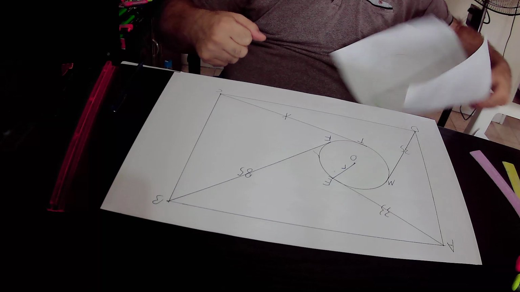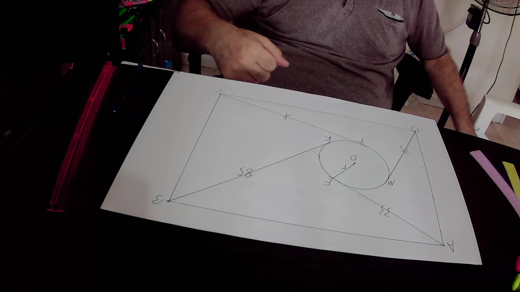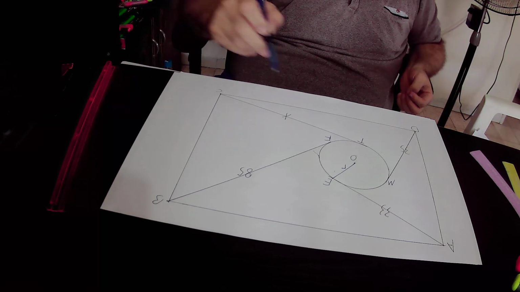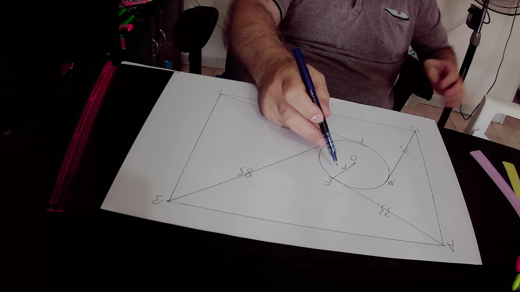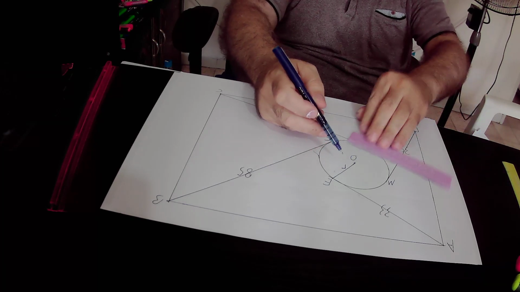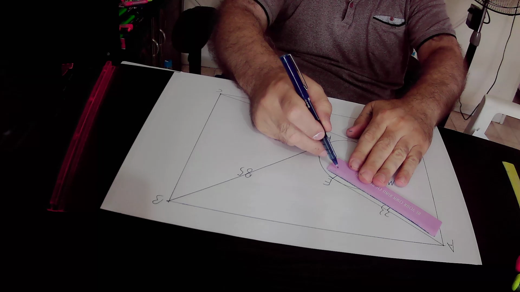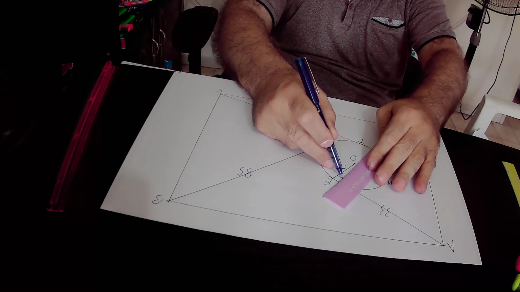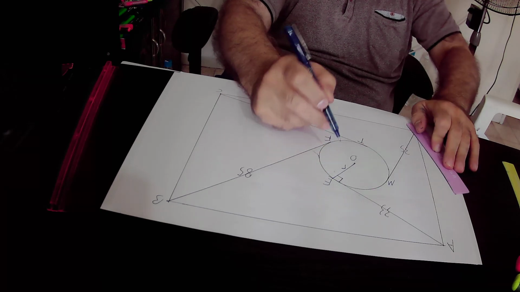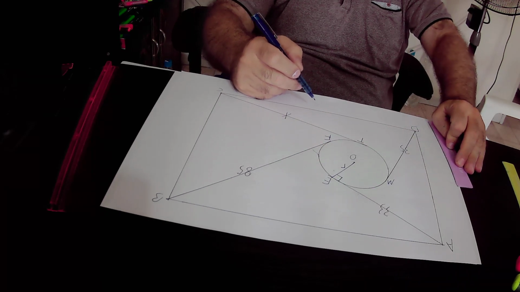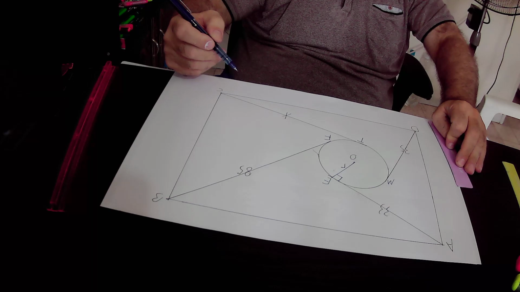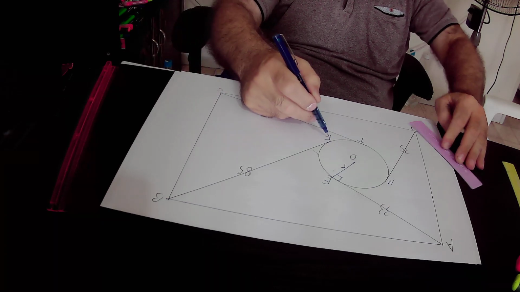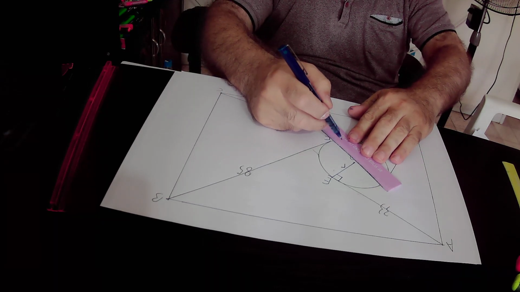We can implement rule number 1 in our drawing. Why? Because here in our drawing we have the radius OE that is drawn to the point of tangency. Therefore, according to rule number 1, this angle will be equal to 90 degrees. Likewise, we join point O and F together by a straight line.